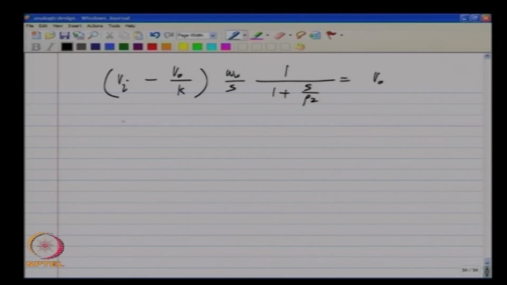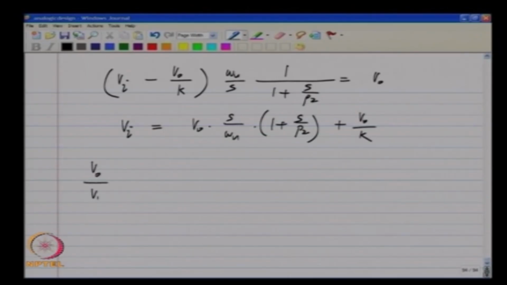And I will just rewrite this as... I get this by moving this part to the right hand side. I also take this part and move it to the right hand side. Okay.